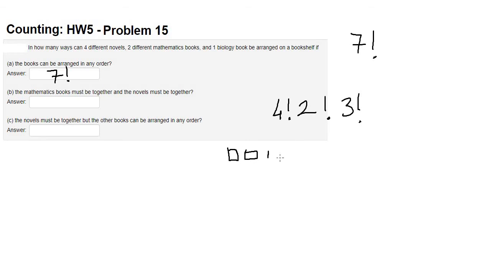You have 4 different novels, and you have 2 different math books, and you have 1 biology book. So this bundle itself can be arranged in 4 factorial ways, and this bundle can be rearranged in 2 factorial ways. Either this A box is in front or B box is in front.